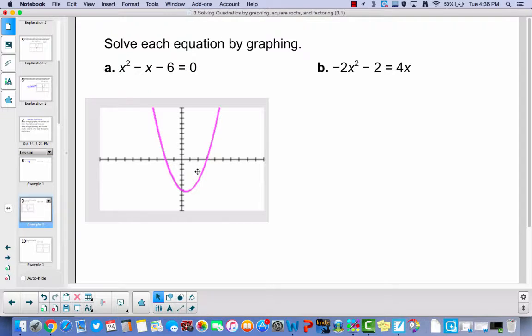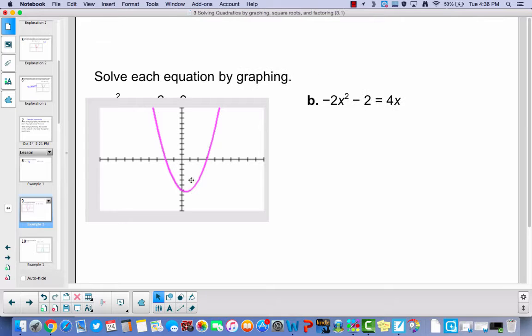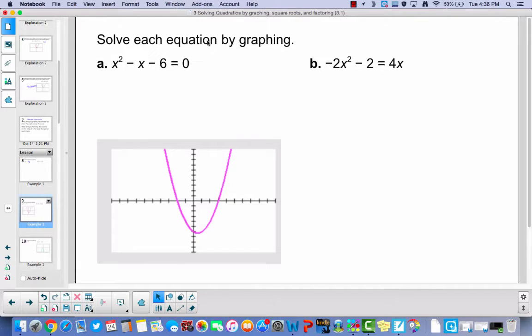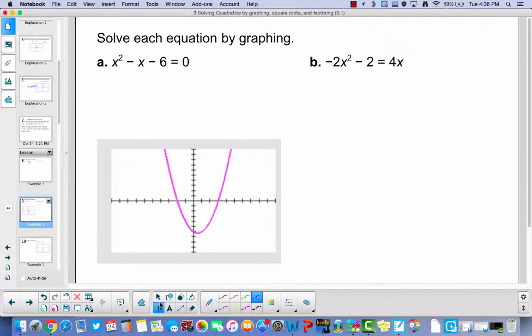You should see that it crosses the x-axis here at -2 and here at +3. So my two solutions are x equals -2 and x equals +3.